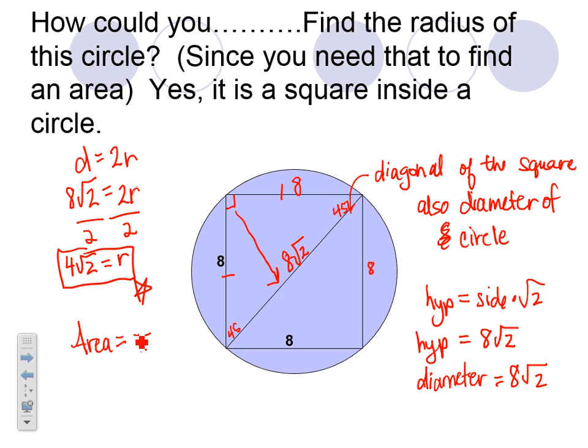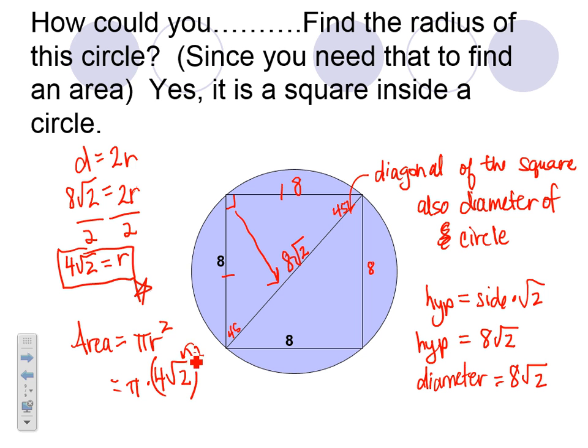Area is pi r squared. Radius is 4 square roots of 2 times pi. And I'm kind of glad we're doing this because I want you to know how to square when we have a radical. A lot of students kind of mess this up, so we really need to make sure we know how to do this. So 4 times the square root of 2 squared.